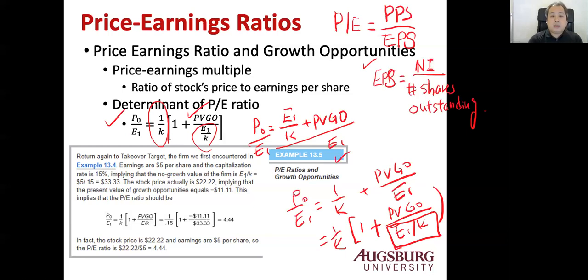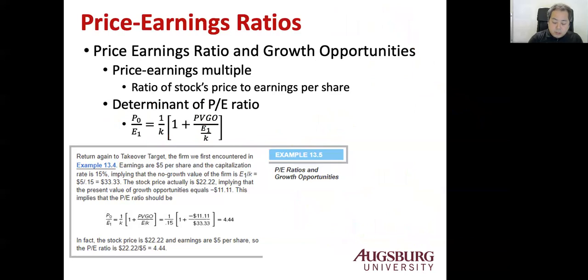So if you look at example 13.5, we return again to the takeover target, the firm we first encountered in example 13.4. If you remember the last slide, earnings are $5 per share, so EPS equals 5, and the capitalization rate is 15%. This implies that the no growth value of the firm, which is E1 divided by k, equals 5 divided by 15%, which is $33.33, right?